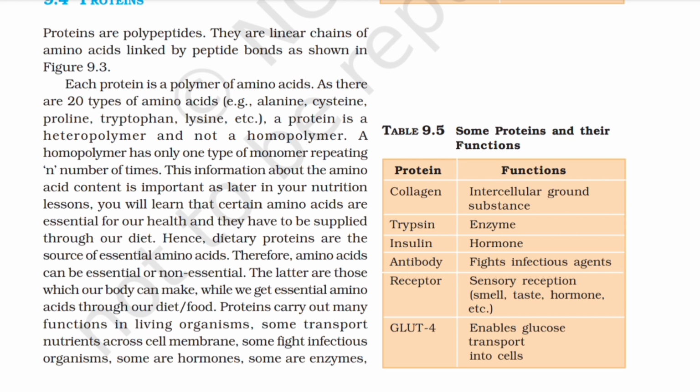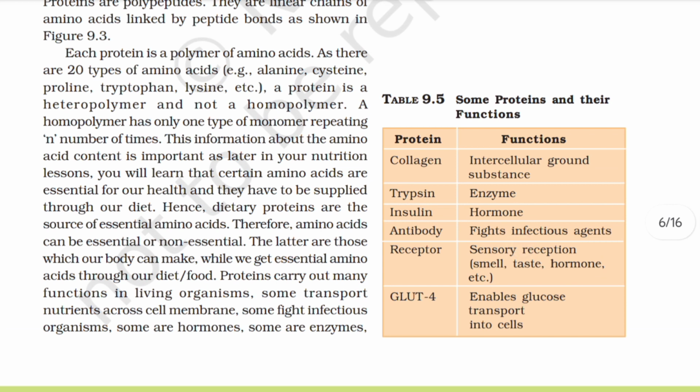Proteins carry out many functions in living organisms. Some transport nutrients across cell membrane, some fight infectious organisms, some are hormones, some are enzymes. Table 9.5 Some proteins and their functions.